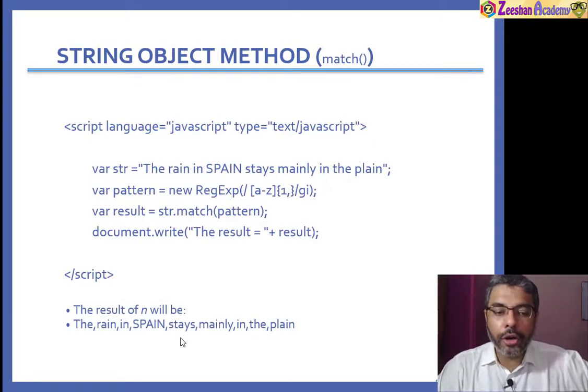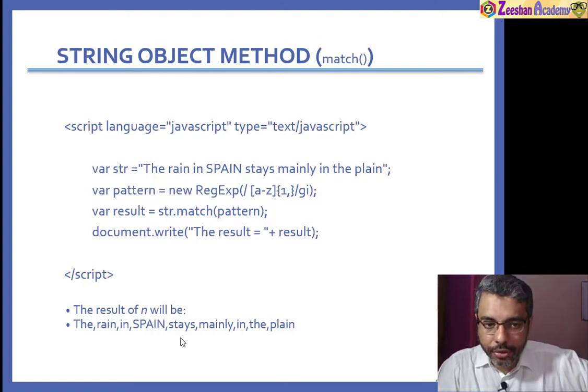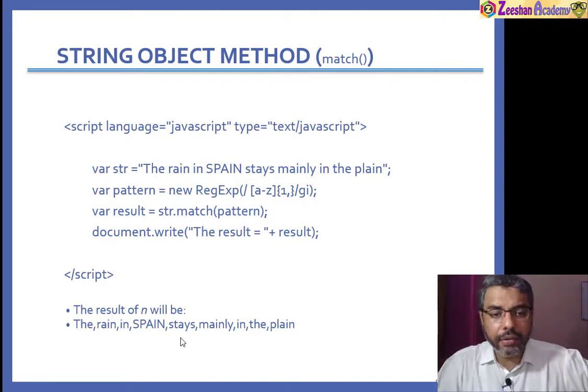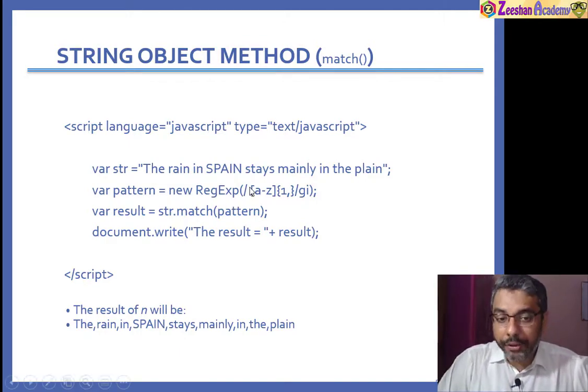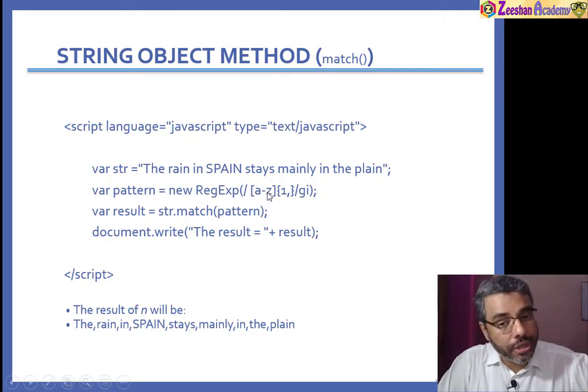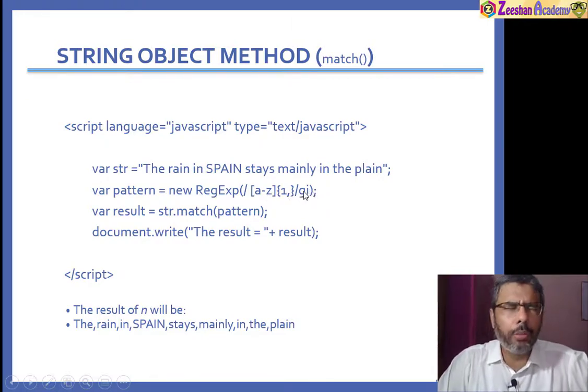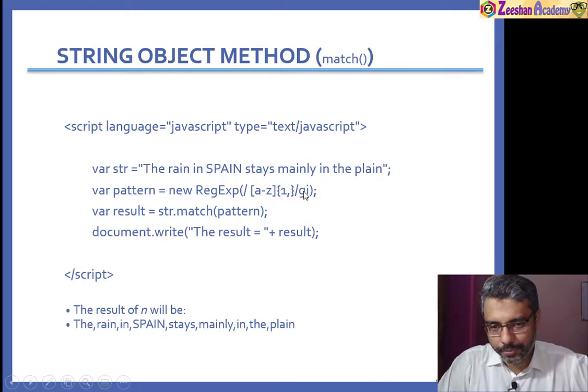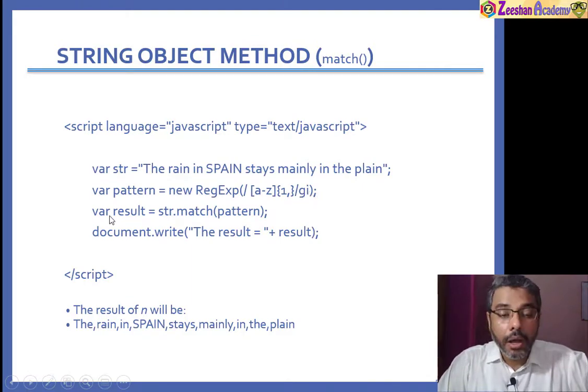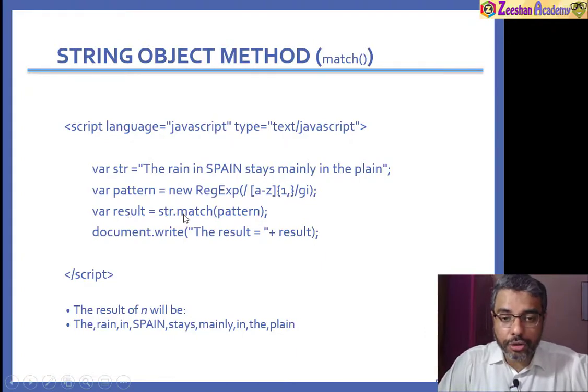We can use, for example, the same string, "The rain in Spain", with a new pattern. The pattern is that we create a new regular expression. This expression means search for A to Z, at least one time, with global and ignore case flags. The variable result equals string.match(pattern).